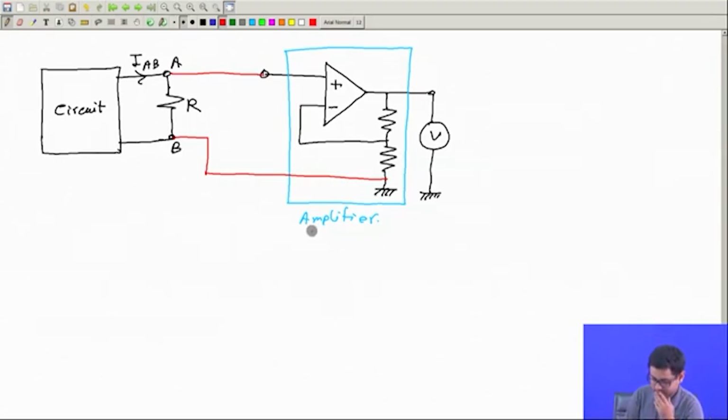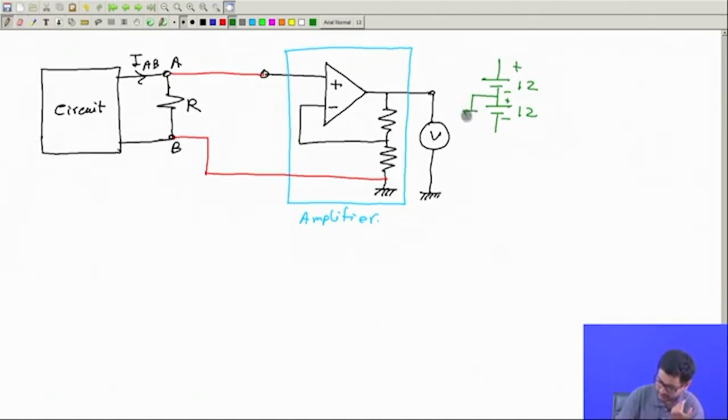And if you want a bit more detail, I shall show how to connect the power supply of this amplifier. So say I have a plus minus 12 volt power supply. Then this is the reference point, ground.